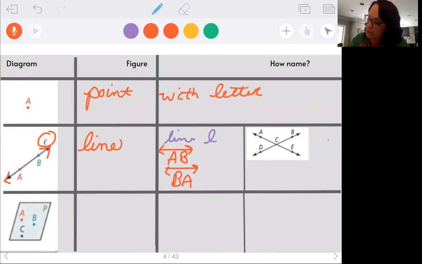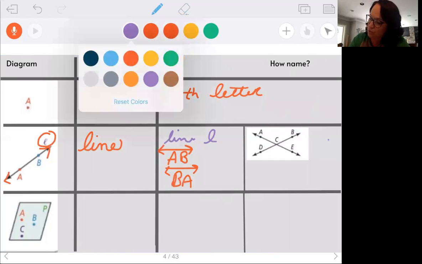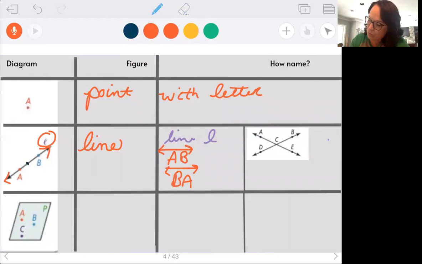Now, if I were to put another point down here, let's put point Q. Then again, I can pick any 2 points in any order because when we have those arrows, it means you go forever in both directions. So line QA is exactly the same as line BA. Watch.